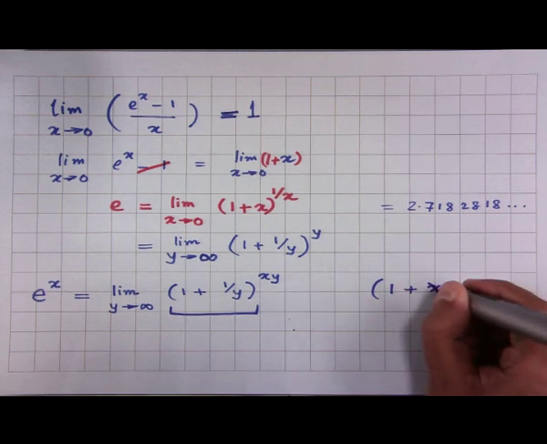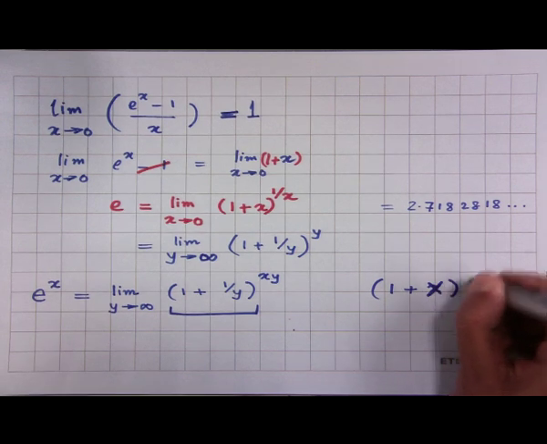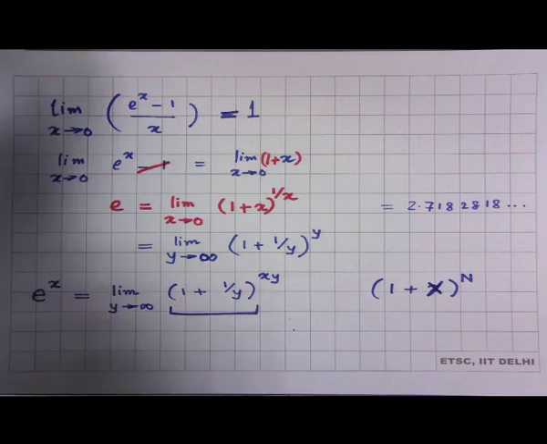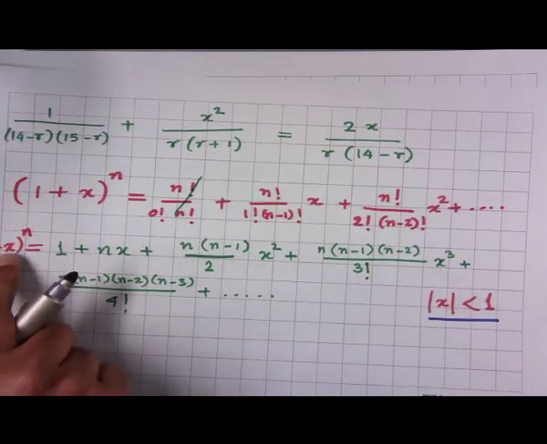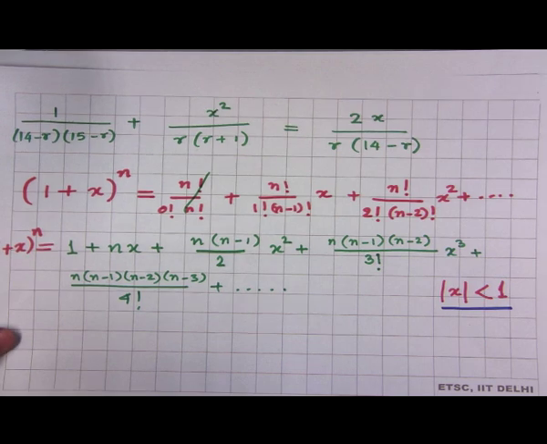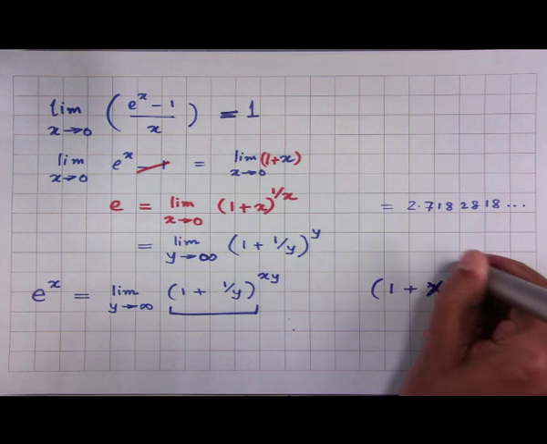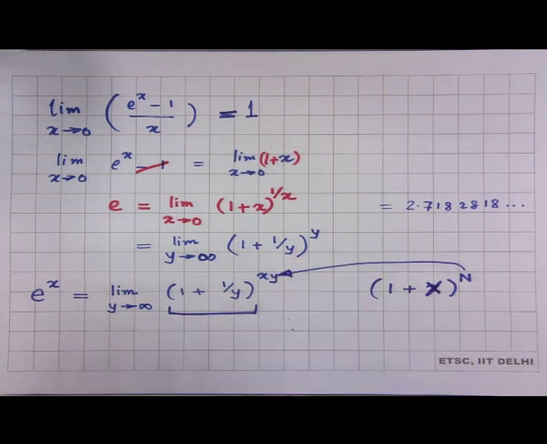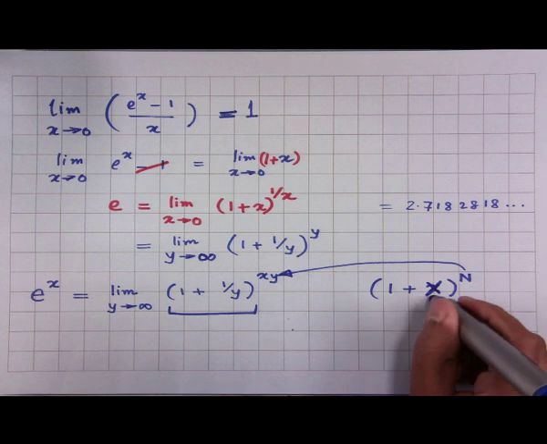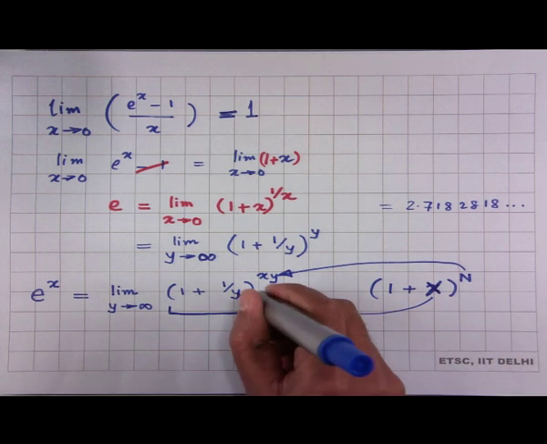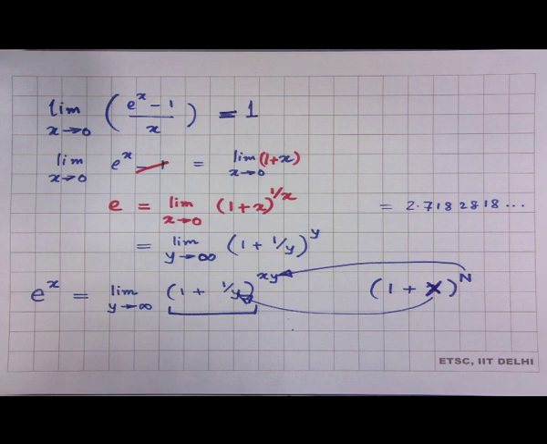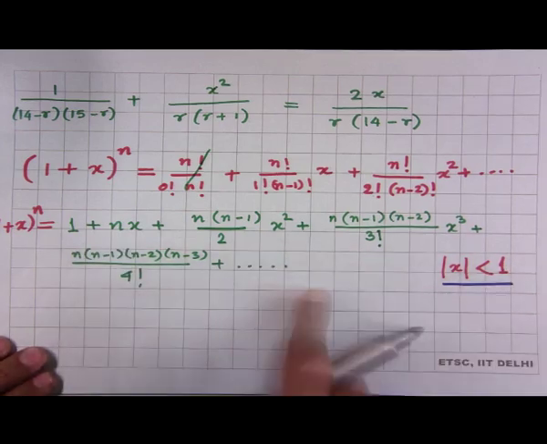So, let us write it as capital X, right. 1 plus capital X to the power n is 1 plus blah blah blah. So, this n has to be x y and capital X has to be 1 by y, and after that I just plug this in.